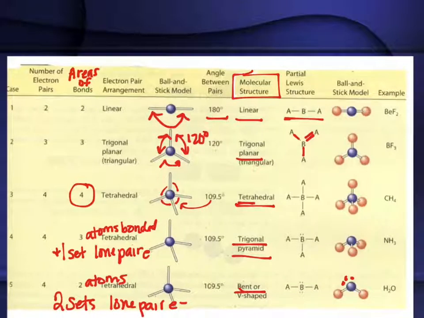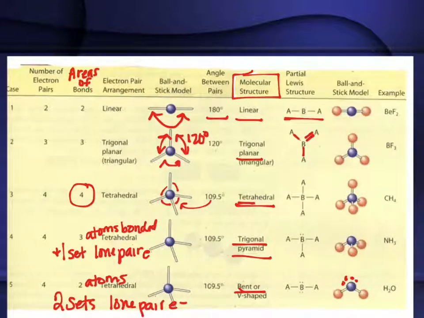If you look at how they draw the Lewis structure, it looks linear, right? But it's not linear because of these extra electrons on the central atom, this extra area of electrons. It is bent. That's the number 1 mistake students make.